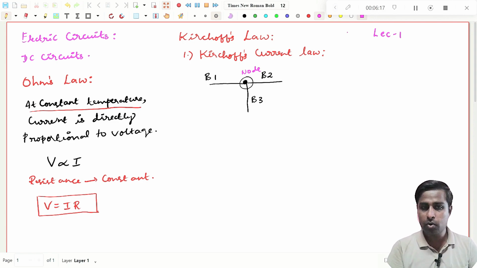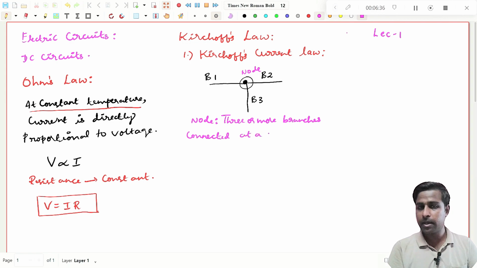So what is a node? Three or more branches connected at a junction. That's all.